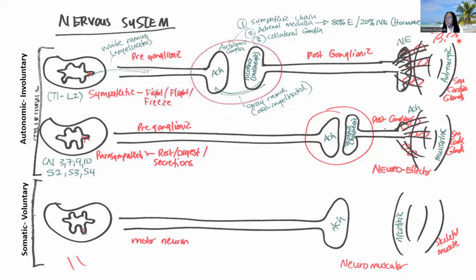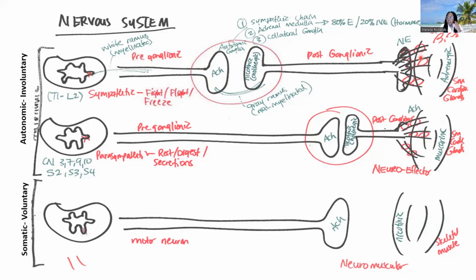At the neuroeffector junction, bear in mind that the junction here differs from the junction here. This is a neuron to neuron synapse. This is a shorter distance, and there are only neurotransmitters being released here, and they're being released across that synaptic junction. At the neuroeffector junction, it's a greater distance.